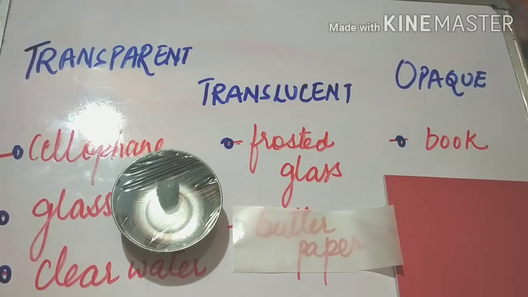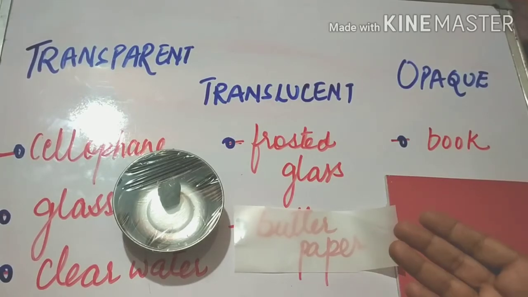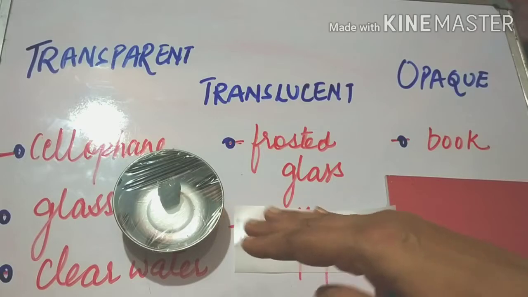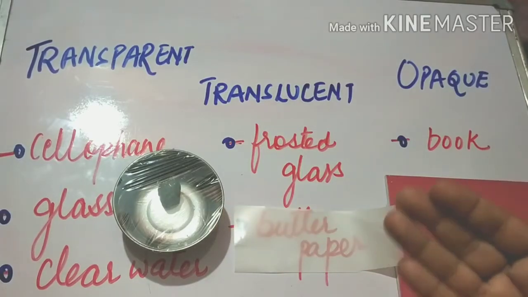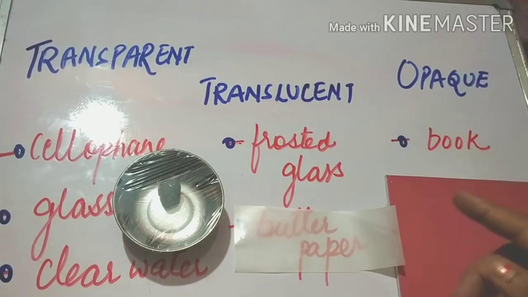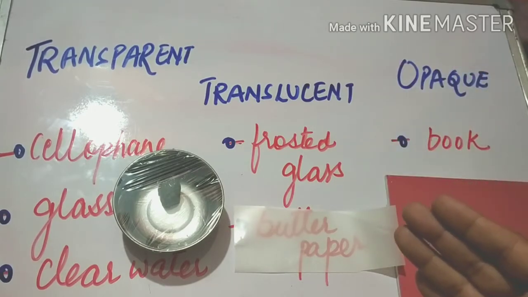Like, fine. Now come to translucent. Translucent means neither transparent nor opaque. Translucent means you can see a little, not exactly. So can you see that frosted glass? What is frosted glass?